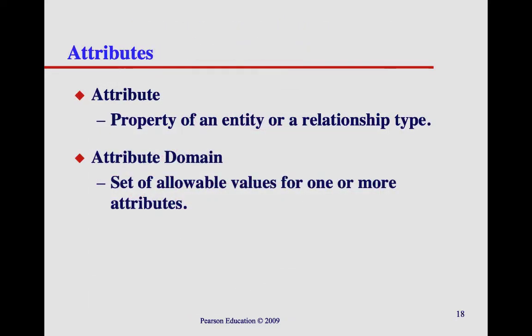Okay. So we have entities, we have relationships, and the third thing we need to identify are the attributes. And that's normally pretty simple.